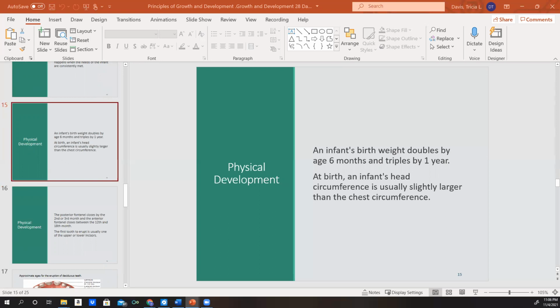By the age of 1, the infant has tripled his or her birth weight and has grown about 10 to 12 inches. At birth, the infant's head circumference usually averages about 13.7 inches and is usually slightly larger than the chest circumference. The head and the chest will grow rapidly, and after about the 5 to 7 month mark, the chest can be expected to start to exceed the head in circumference.